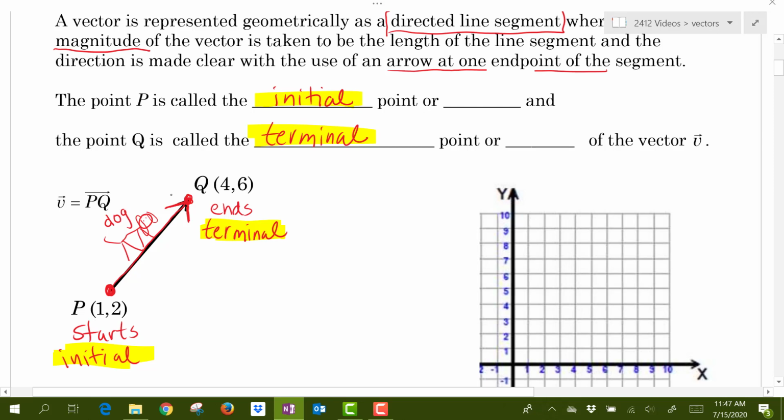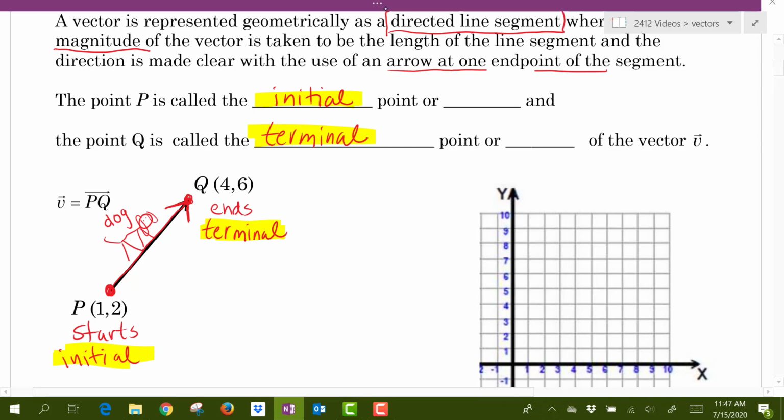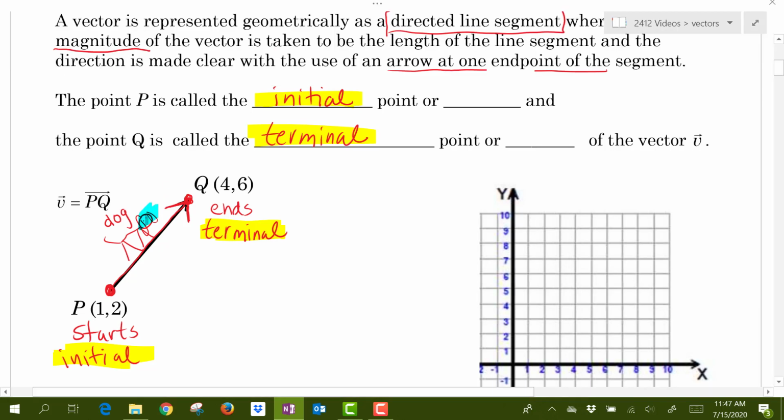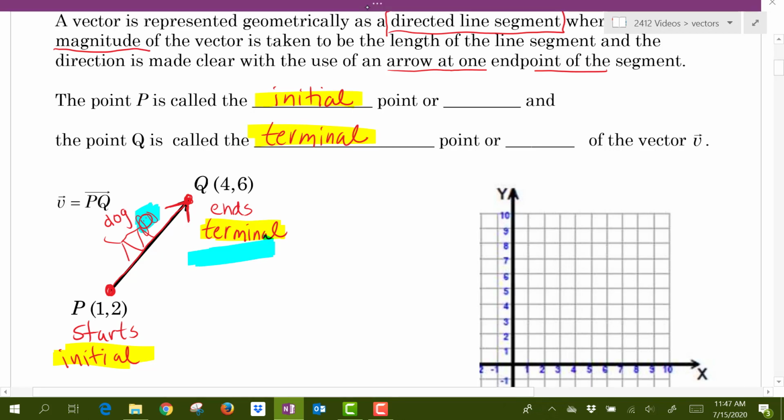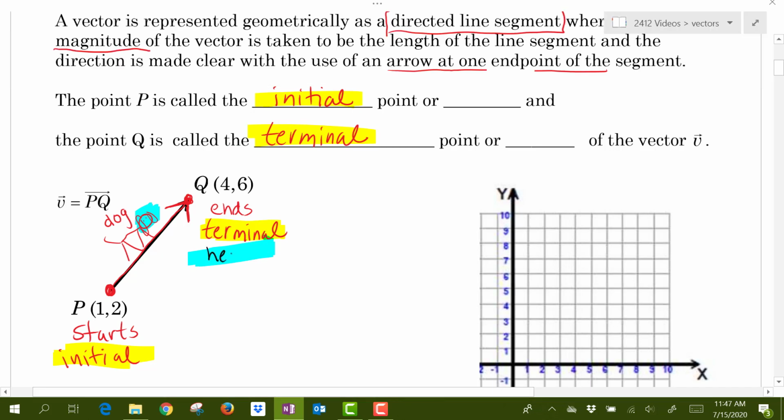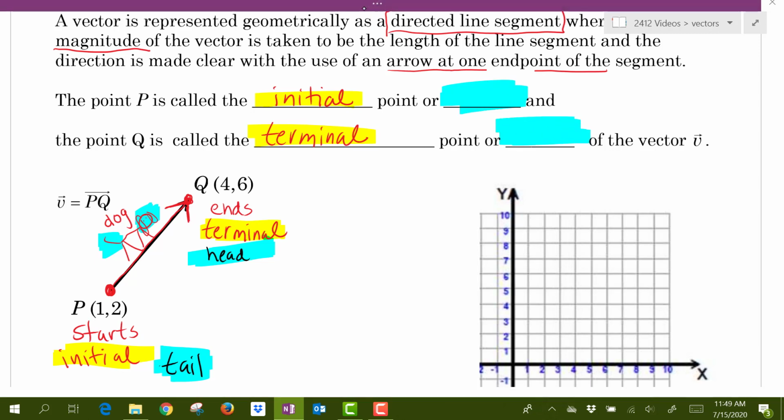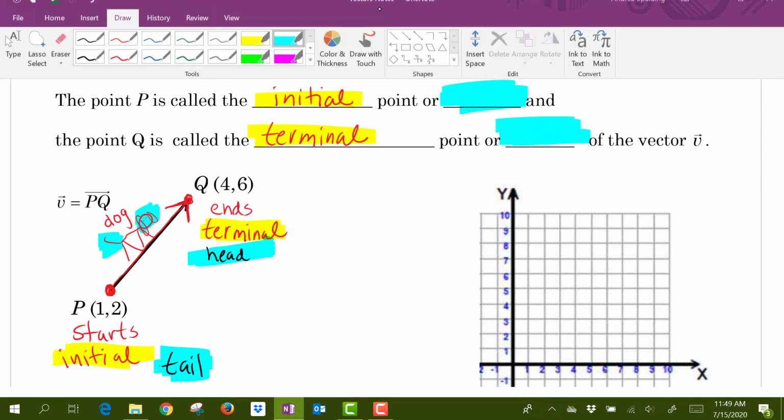But if you think about a dog walking along the path, starting at P and ending at Q, the head is where the dog is heading, where the dog would have its head walking in that direction, and its tail would be behind it, representing where the path began. So if you say head, then you say tail. Those are partner terminologies for the beginning and ending of a vector.